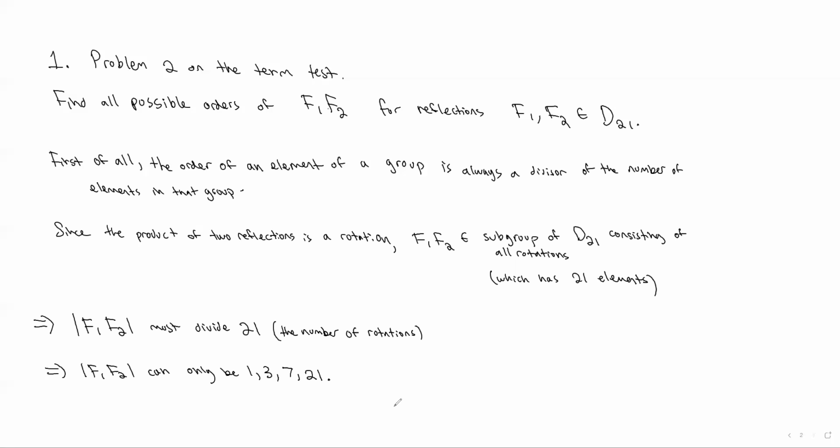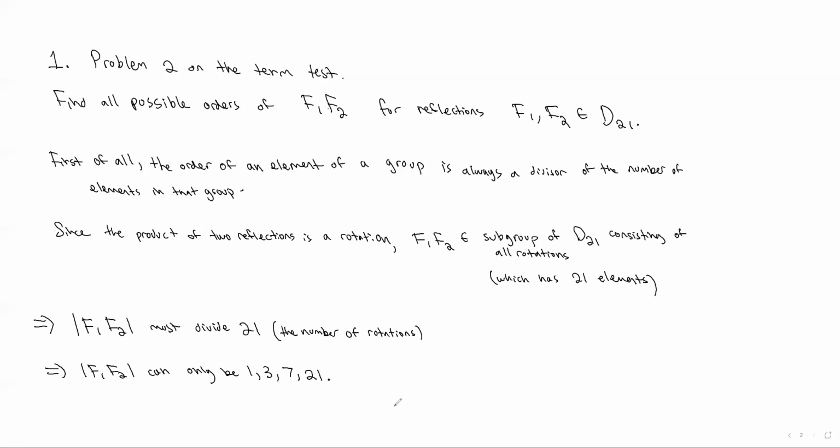I didn't grade the question, but a lot of people did get up to the stage of knowing that the product is a rotation and its order must divide the number of rotations, because the rotations form a subgroup of the dihedral group, which is a group. So the order must divide 21.